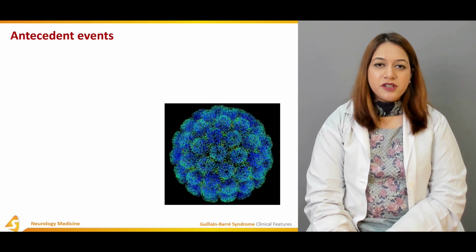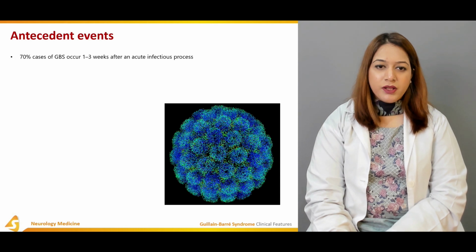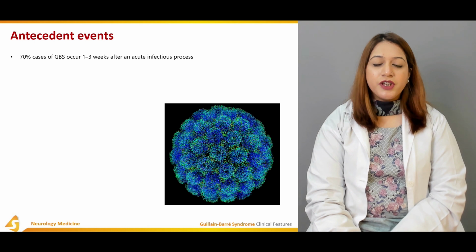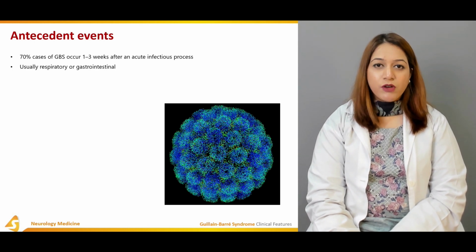What are the antecedent events? 70% cases of GBS occur 1 to 3 weeks after an acute infectious process. They might be usually respiratory or gastrointestinal.